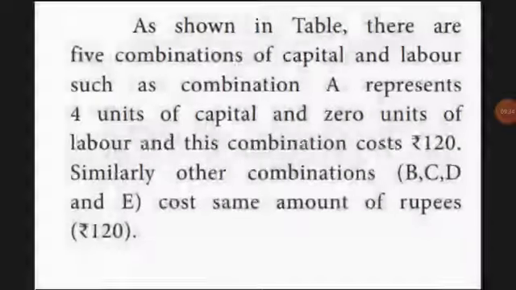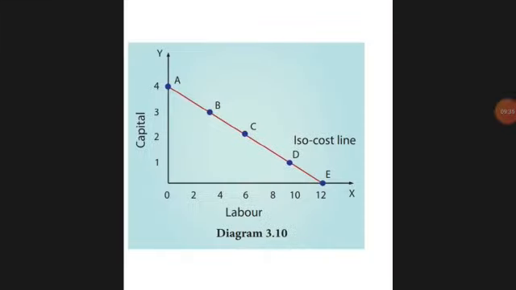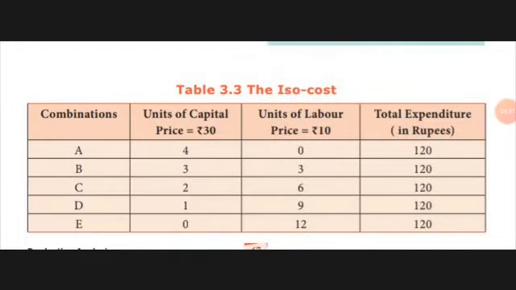In the table you can see there are 5 combinations of capital and labor, A, B, C, D, E. At the top, 4 units of capital and 0 units of labor.